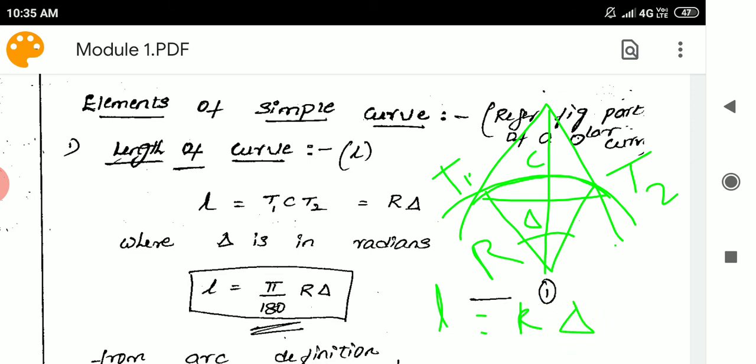We want it in degrees, so how will it come? Pi by 180, then R into delta comes automatically in degrees. If you substitute pi by 180, then it converts from radians to degrees.